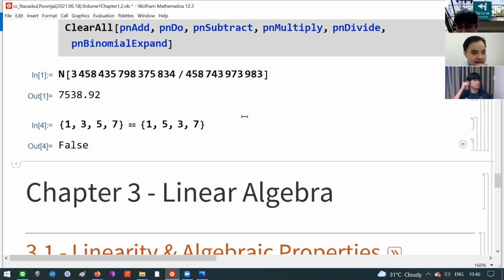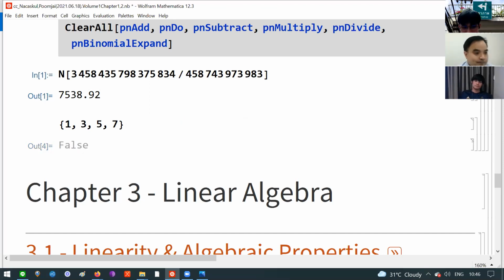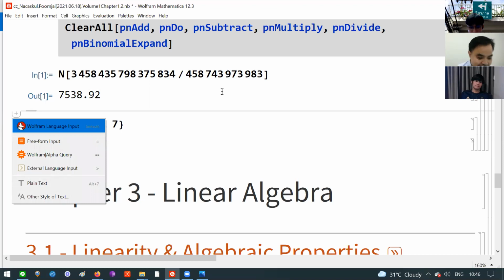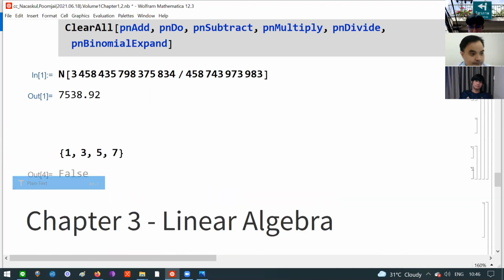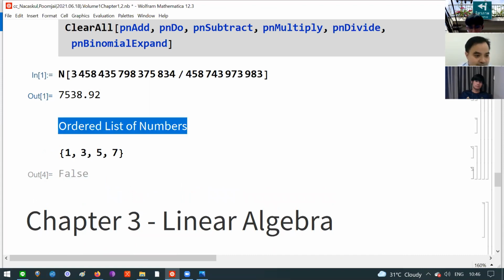The point right now is that I am going to use this construct. What is it? It is an ordered list of numbers.